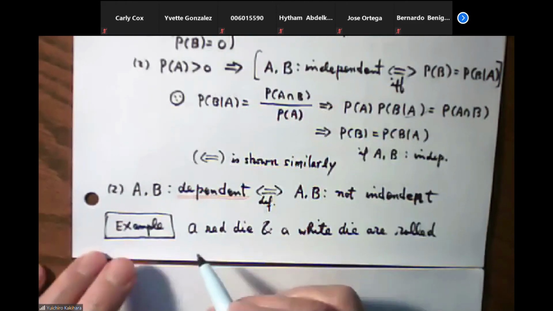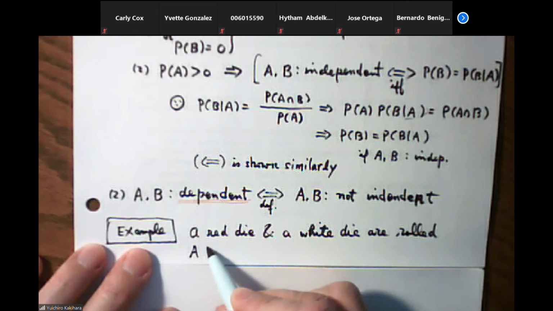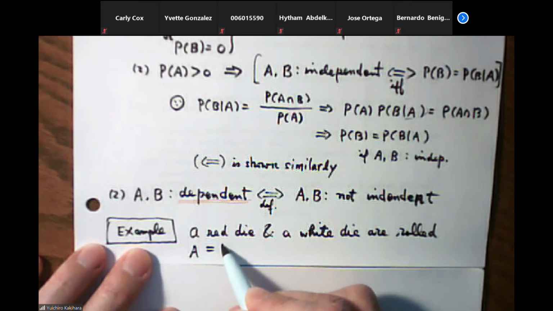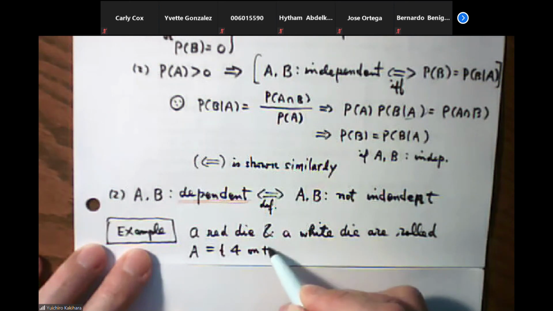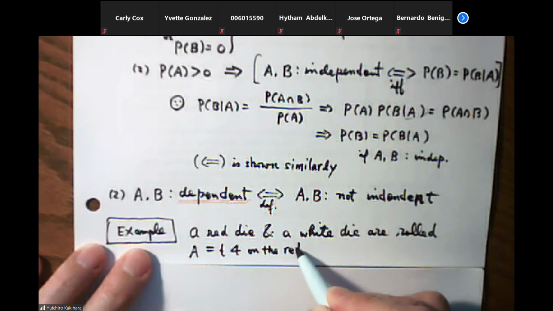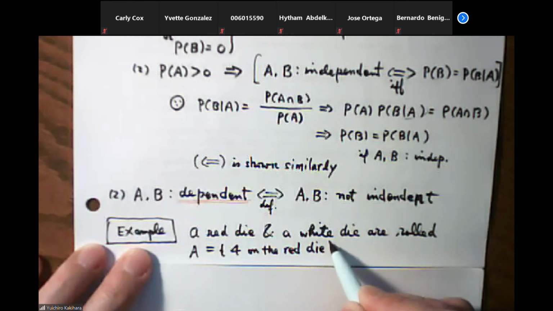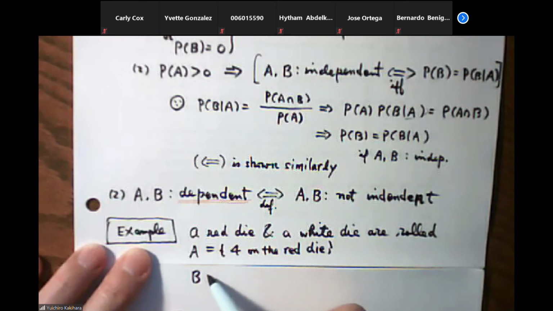The first one, event A, is 4 on the red die. And event B is the sum of the dice is odd.